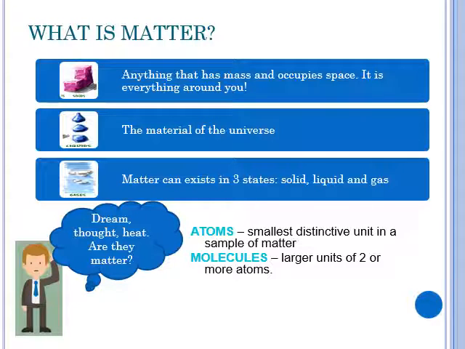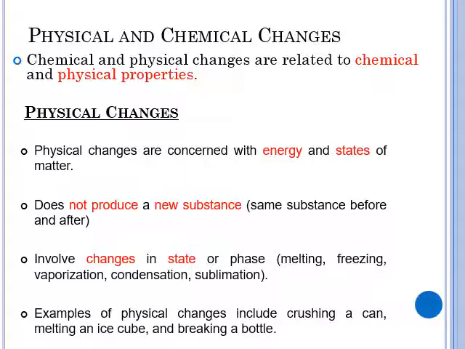And then when we talk about matter, we must know what atoms and molecules are. An atom is the smallest distinctive unit in a sample of matter, while a molecule is a larger unit of 2 or more atoms. Then you need to know the physical and chemical changes. Just now we talked about matter, and then we need to know the changes.